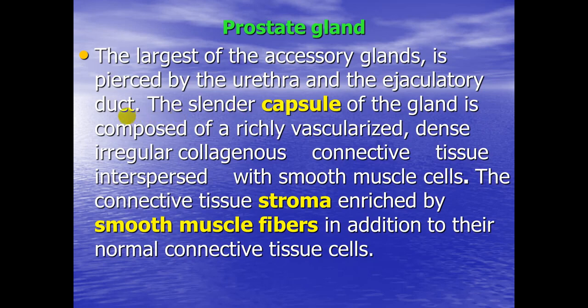This gland has a comparatively thick capsule, which is richly vascularized, has dense regular connective tissue, thick bundles of collagen fibers, and in the stroma we can see smooth muscle cells.